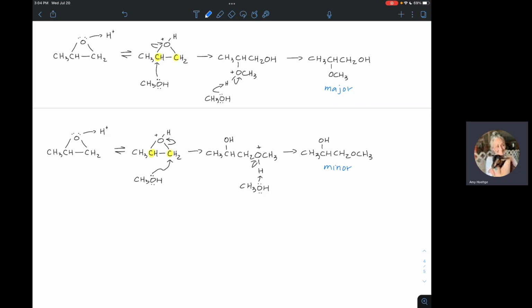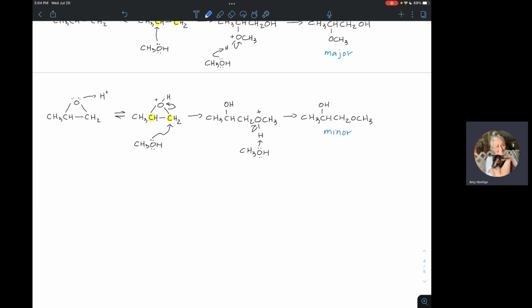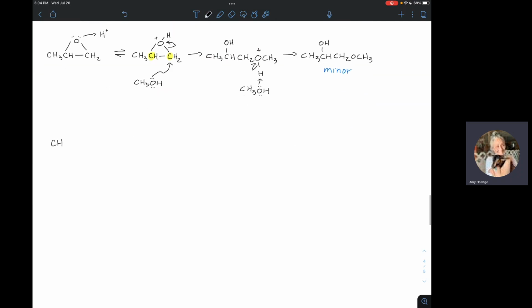So why is that? We're going to take that first step and just expand it a little bit. I'm going to take this, and I'll have it just already protonated, so start out skipping a step here.